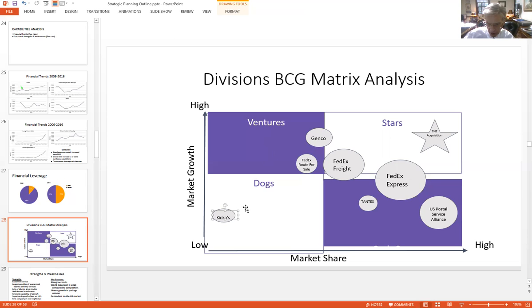Whenever we have a venture that doesn't pan out, it becomes a dog. And if you've got a low share of a low market, then that business is a candidate to be divested or wound down or liquidated or sold to someone else.